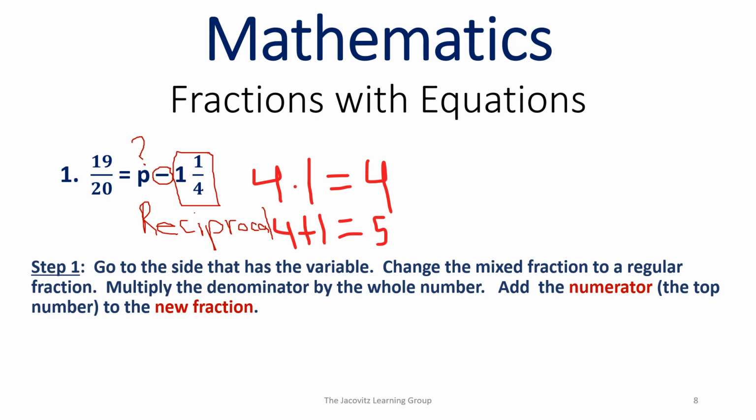So you have 4 times 1, and I'm going to use this as times 1, equals 4. And then when you get ready to add, you are adding plus 1. So you're going to get 5, and you keep the denominator the same. So it's 5/4. That's your new fraction.